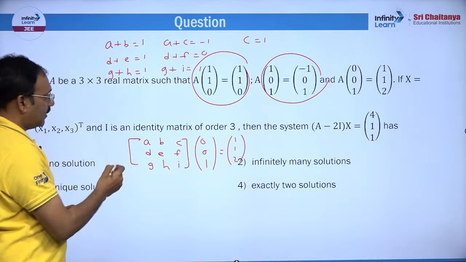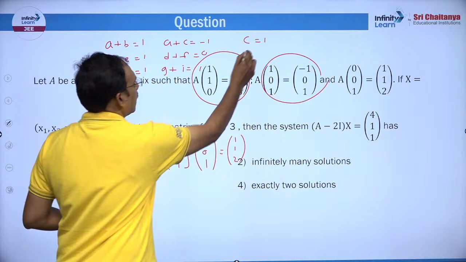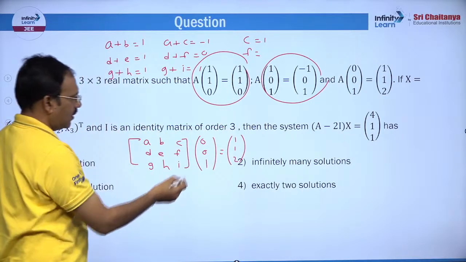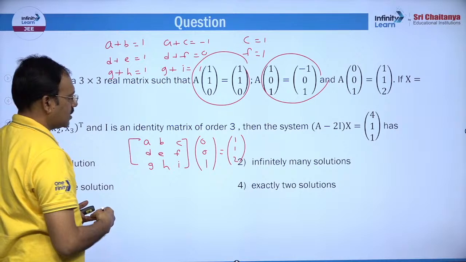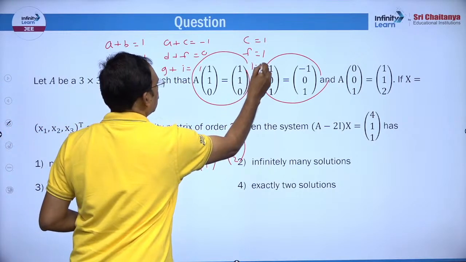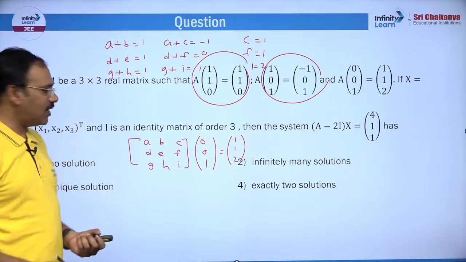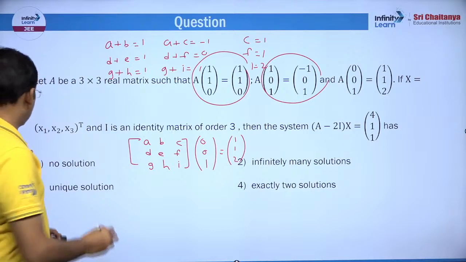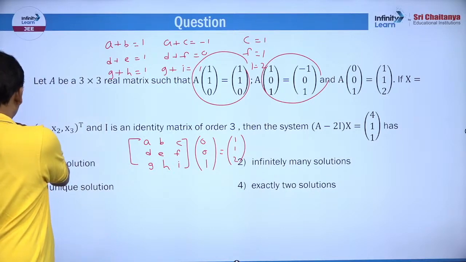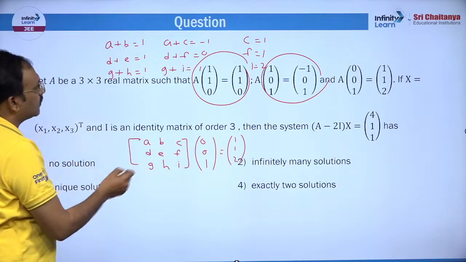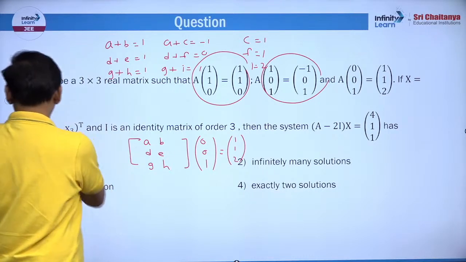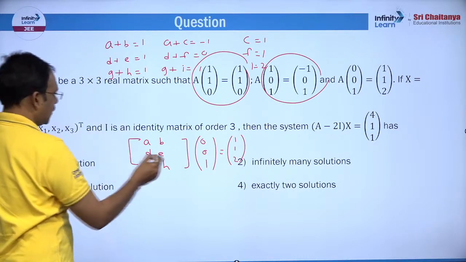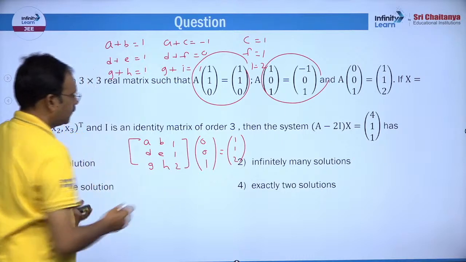Then the F value is going to be 1 and I is equal to 2. So, friends, out of the 9 variables, you got the third column, C, F, I, which are nothing but 1 1 2.